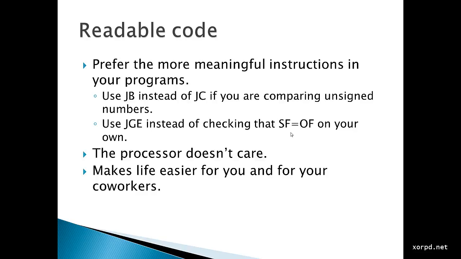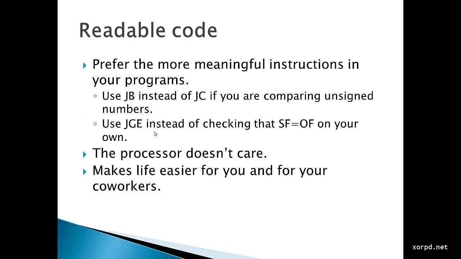The last reason is readability. Many people don't know what this condition means. It has no meaning for them because they didn't take the time to think about it. However, most assembly programmers understand what jump greater equal means. Some other notes. The processor doesn't care.